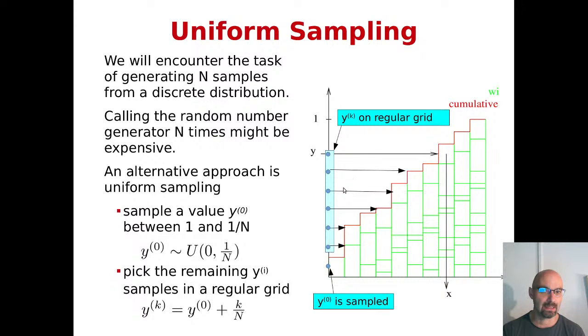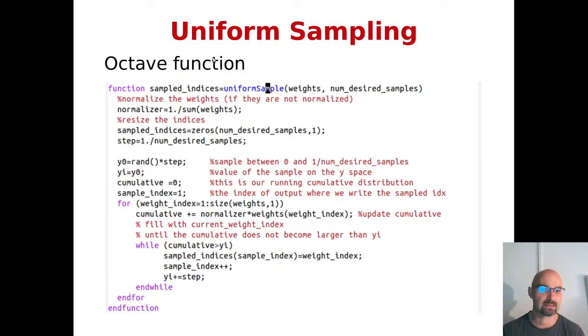And it's basically summarized by this rather simple piece of program that I reported in the slides, and that you have available on the repository. Basically it does nothing else than what I was mentioning before. It takes as input a vector of weights, which can also be non-normalized; in this case, you just normalize it on the fly.